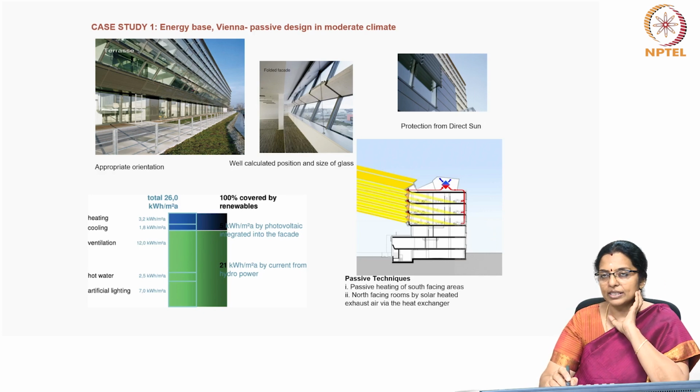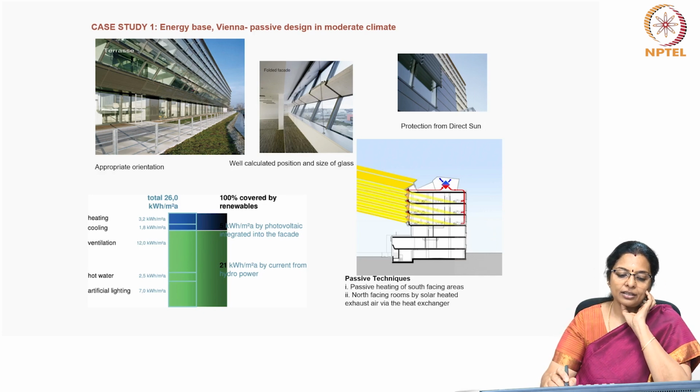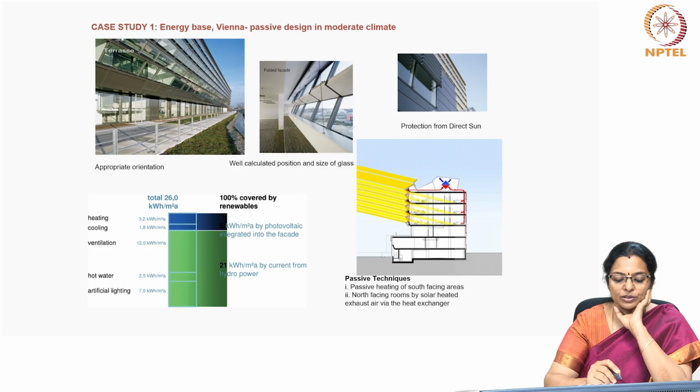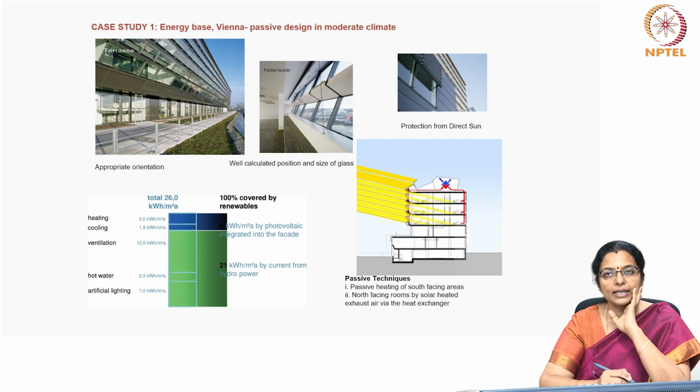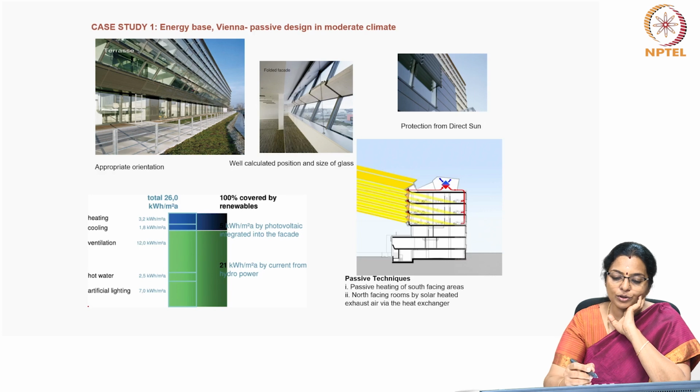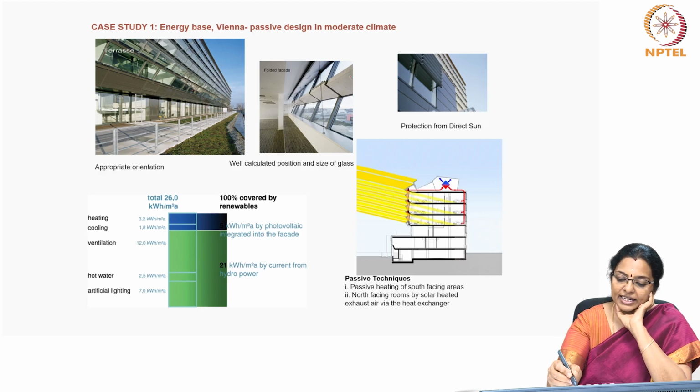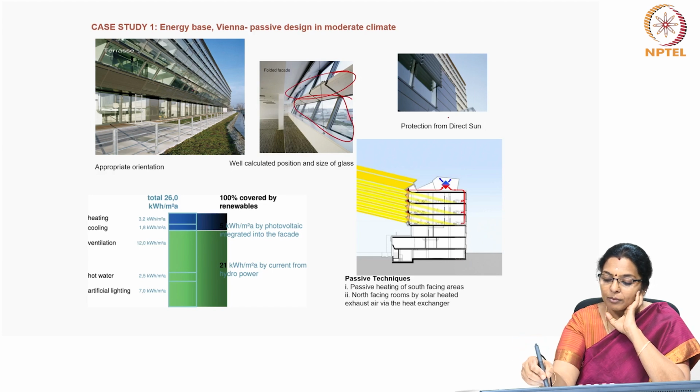This building uses appropriate orientation, uses windows which are designed specifically for this climate. It also uses shading devices and window design. It protects from direct sun through use of appropriate shading devices.